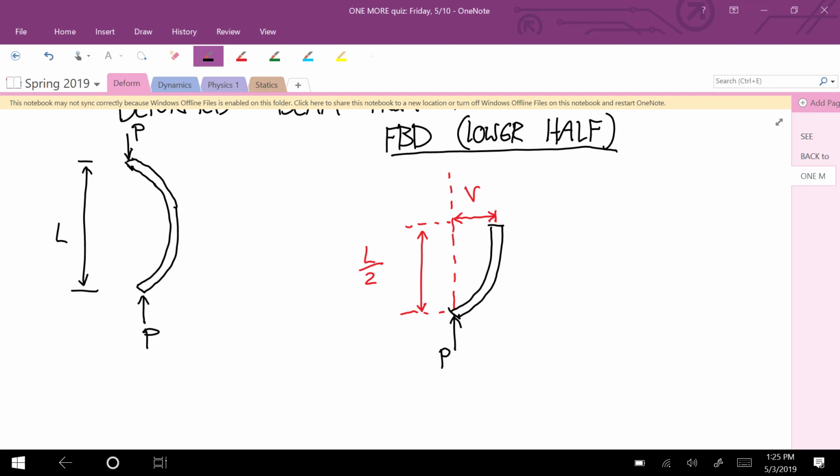So let's assume that this is an equilibrium because that's the point we want to look at. And now let's figure out the internal loads here that put this in equilibrium with this required external load. Well, we know there has to be an equal and opposite force P. Now, this is a couple that would tend to rotate this thing, so there needs to be another couple to counteract that.